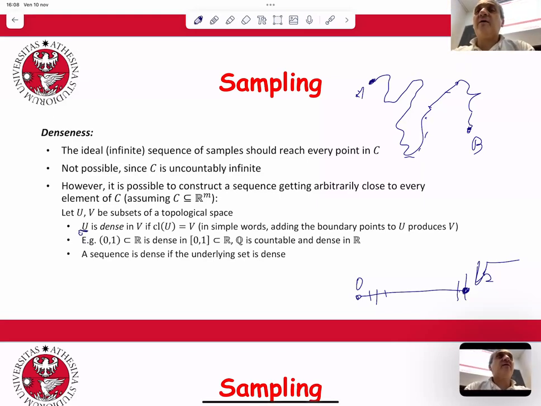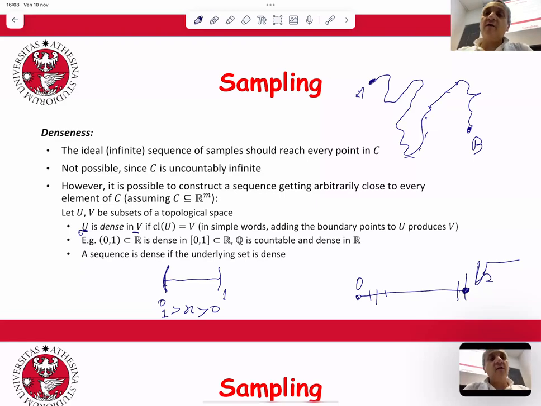If I take a set U, I will say that it is dense in V if its closure is equal to V. Okay? So what is its closure? The closure are the boundary points, the frontier of the set. So if you take an open interval from 0 to 1, meaning x strictly greater than 0 and strictly smaller than 1, it doesn't include 0 and 1, right?